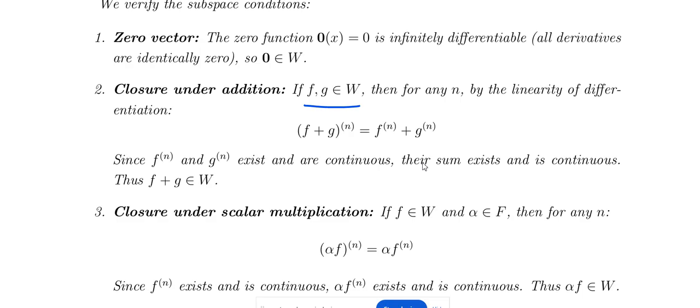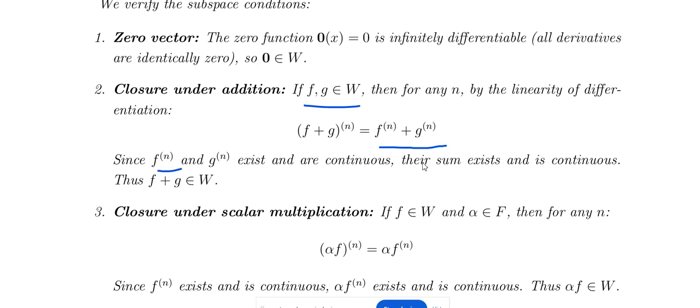That means the first, second, third derivatives up to the nth derivative exist and are continuous. Then for any n, by linearity of differentiation, f plus g whole power n is equal to f power n plus g power n. Right? f plus g whole dash equals f dash plus g dash.